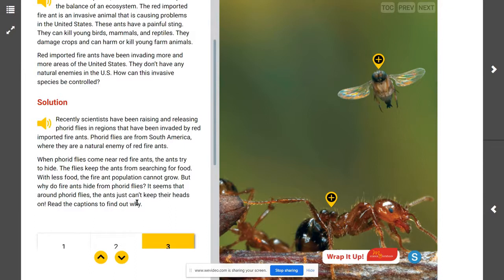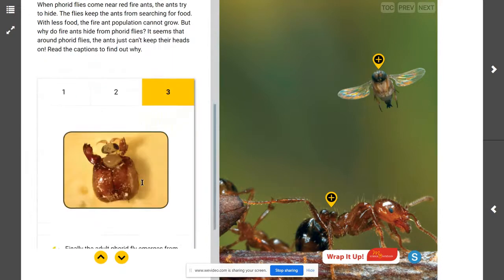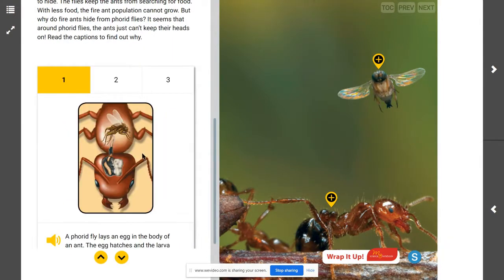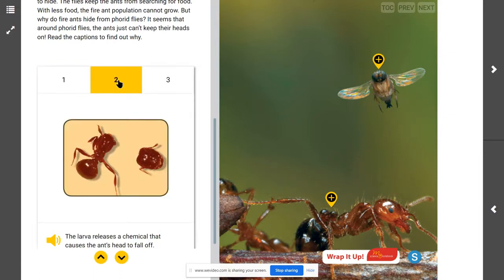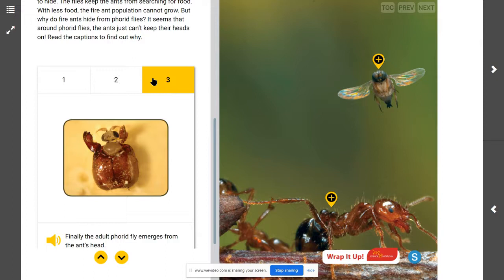Okay, they bring in the phorid fly. The phorid fly attacks the ant, lays eggs in its body. The eggs hatch into a larva. The larva releases a chemical and the head falls off. Then, after the head falls off, a new fly emerges from the ant's head as if it's coming out of a cocoon.